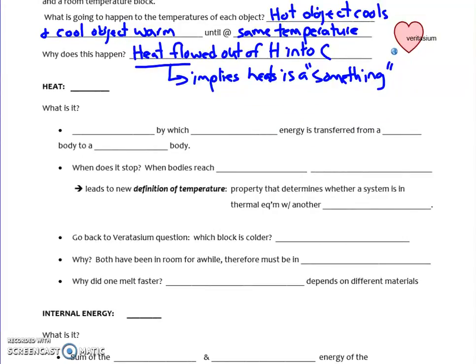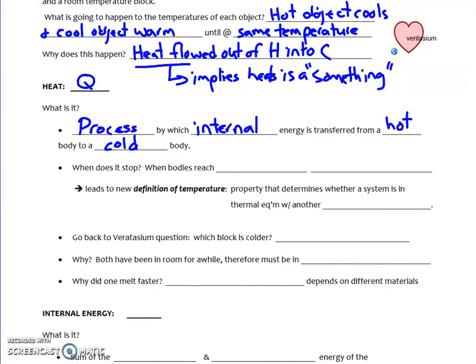So first of all, heat is given a symbol, capital Q. Okay, not to be confused with charge. Okay, so if heat is not a something, objects don't possess heat. Objects can have a temperature, okay, but they don't have heat. It is, more than anything, a process, okay, by which internal energy, all right, so that's a new term, is transferred from a hot body to a cold or warmer or a less hot body.